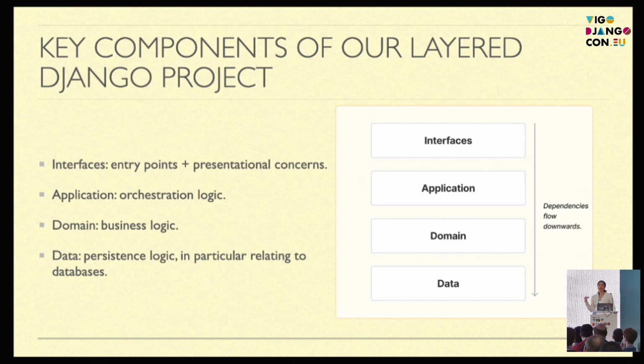Below it, we have the application layer, which is responsible for orchestration logic, like coordination of everything. The domain layer is responsible for business logic, and data is where persistent logic is located, in particular relating to databases. And dependencies flow downwards here.